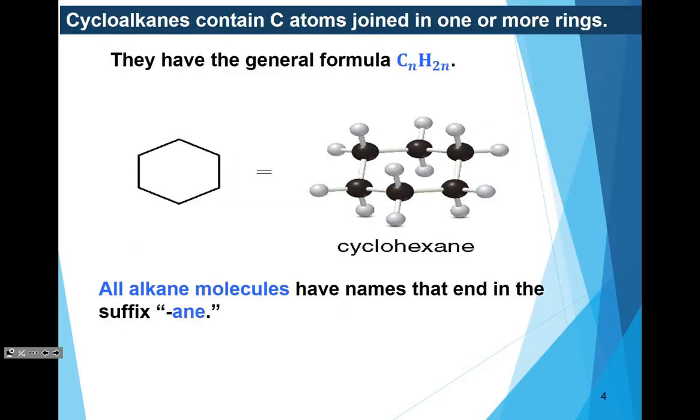Okay, cyclics, which we'll talk about next time, just have the general formula CnH2n. All alkane molecules that end in ANE have single bonds. So they end in ANE.